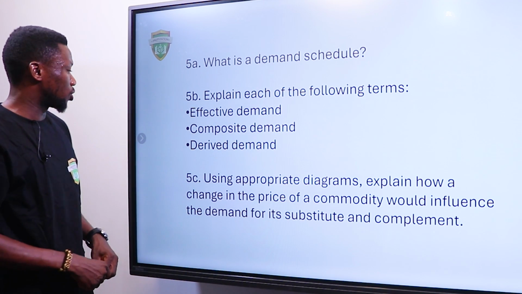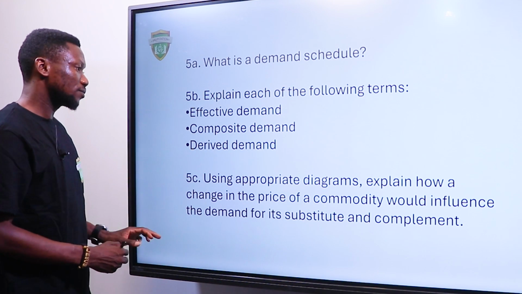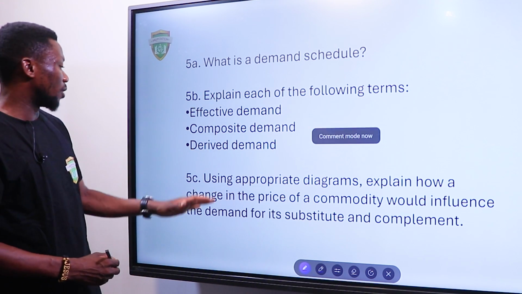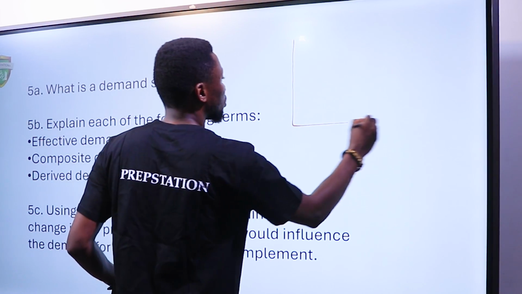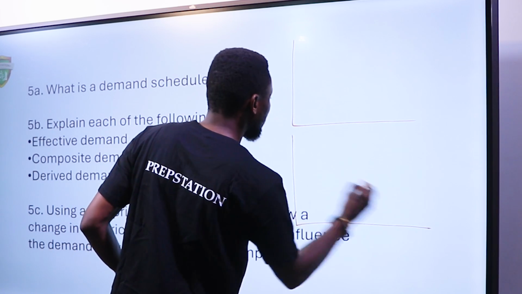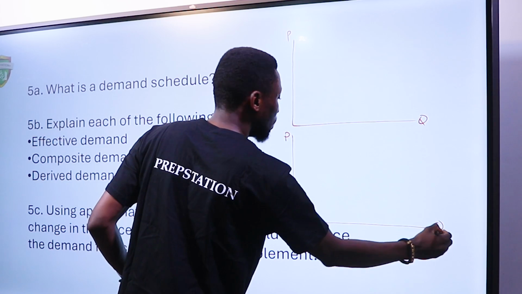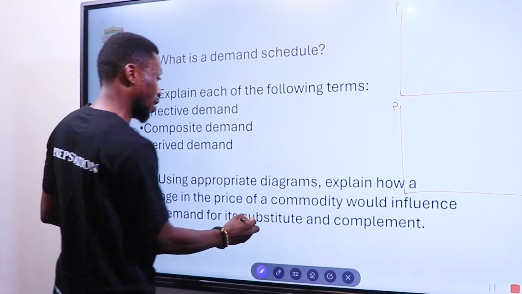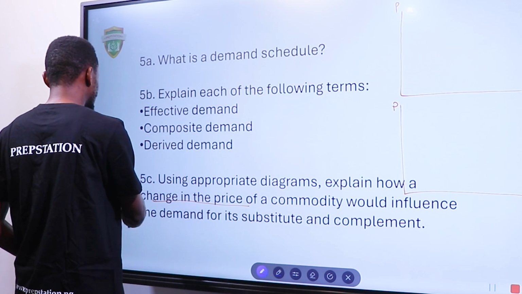Using appropriate diagrams, let's show how a change in price of a commodity will affect a substitute and complement. That simply means that, let's just draw the regular demand curve quickly. That will be P and Q. So if there is a change in the price of a substitute, let's assume the price is going down.